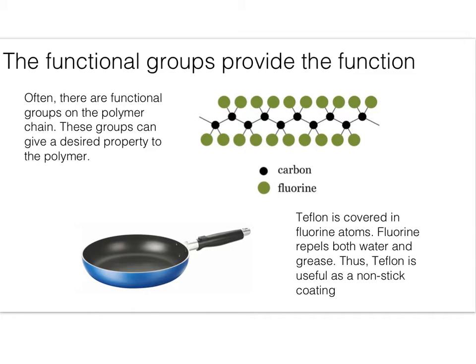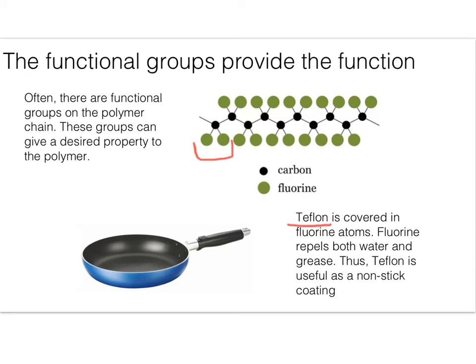Now with polyethylene, it really is just carbon and hydrogen in a polymeric form. Often, though, when we want to impart some kind of function or some new property to the polymer, we are going to add on some side chains. And so we're going to polymerize something with some groups off of it, some functional groups. To give you some examples of this, if you were to polymerize a monomer with fluorines on it, these fluorines give certain properties, and polyfluorinated polymers, such as Teflon, tend to repel lots of things.